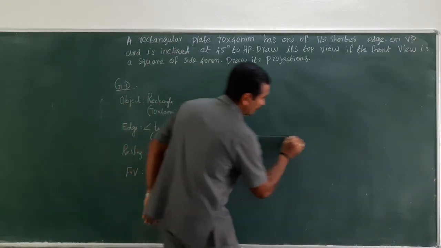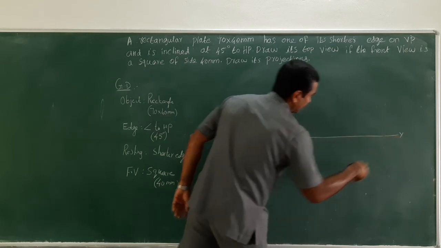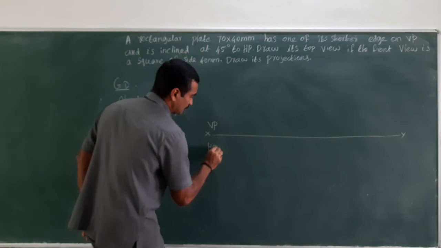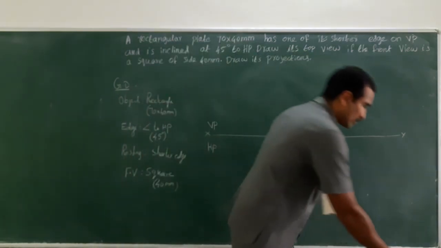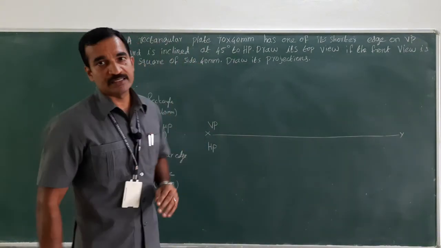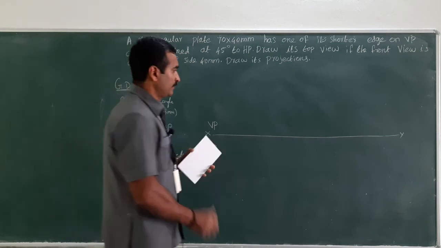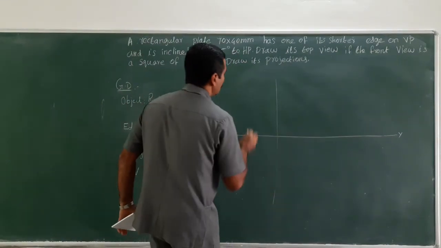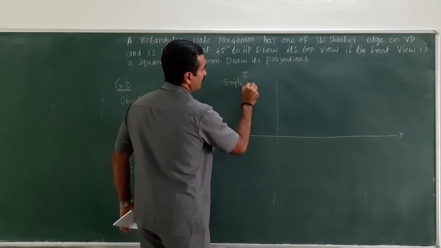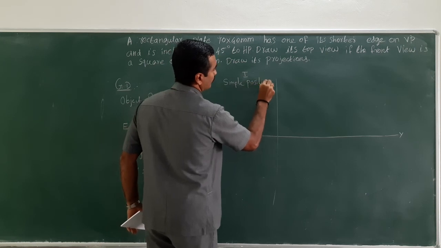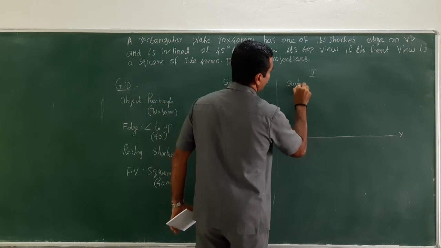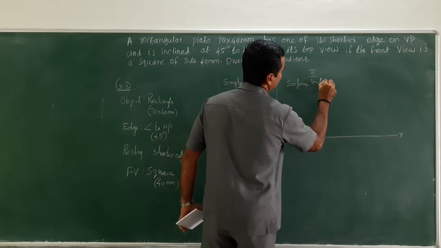So, let me just draw the XY line representing the reference line. Above XY is VP, below is HP. It says the front view is a square. The first stage belongs to simple position or simple resting. Stage 2 belongs to surface inclination.